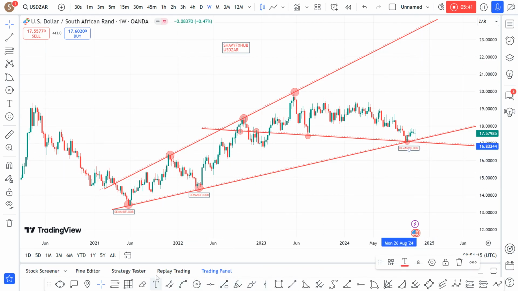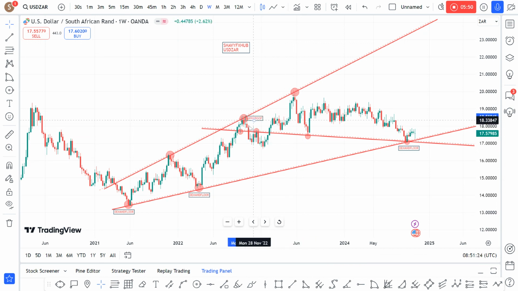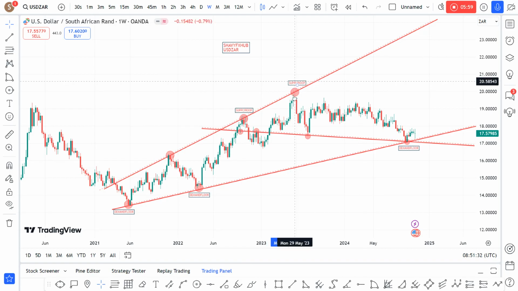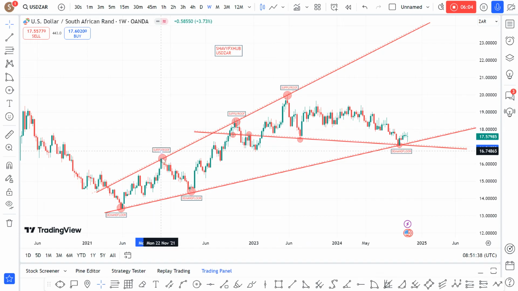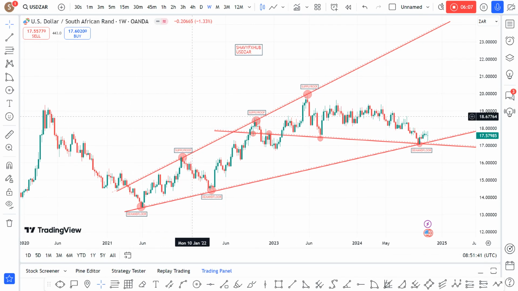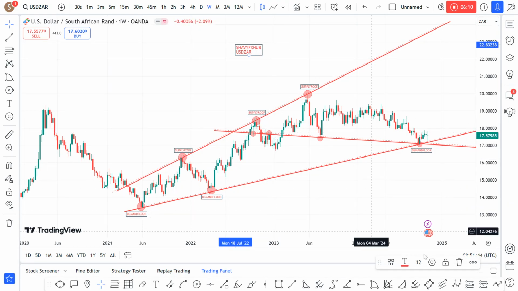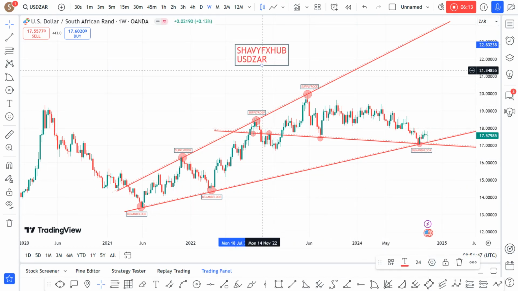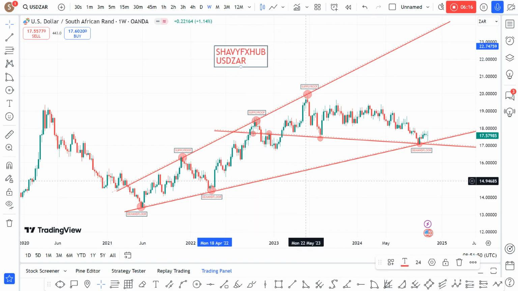And these are supply roof. So USD might experience a push from 17 as it found support structure.